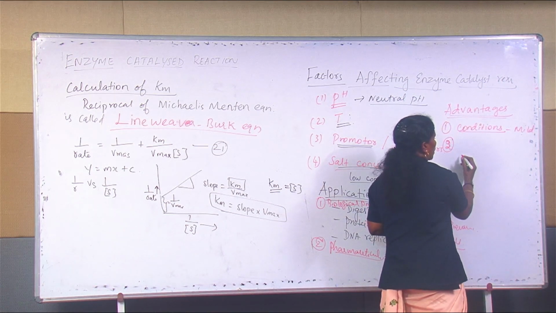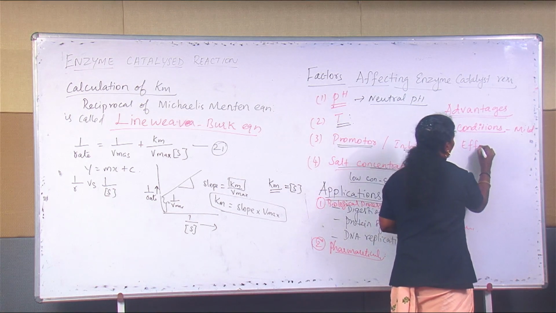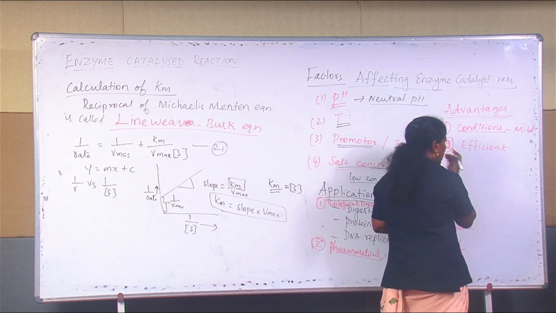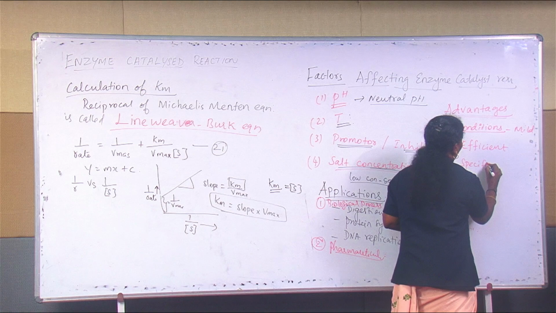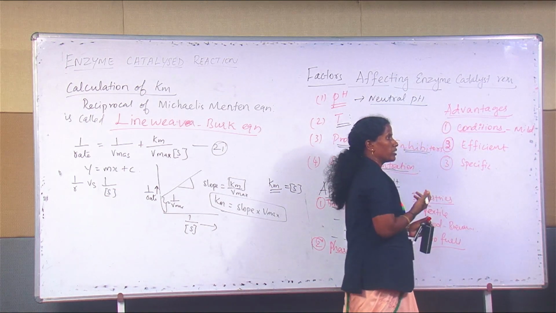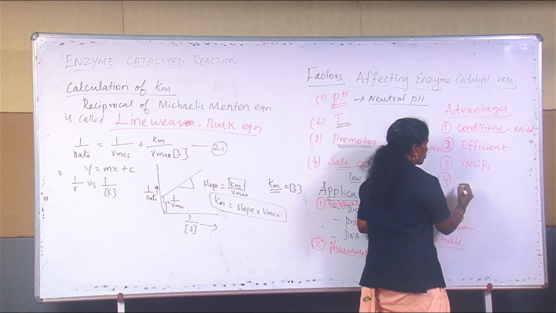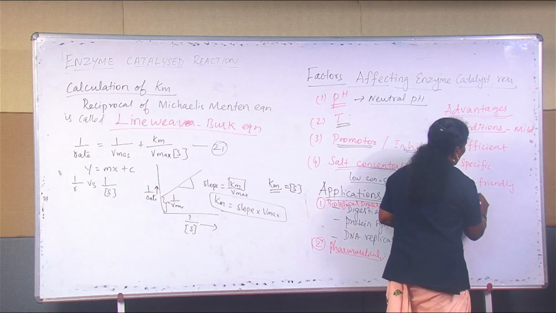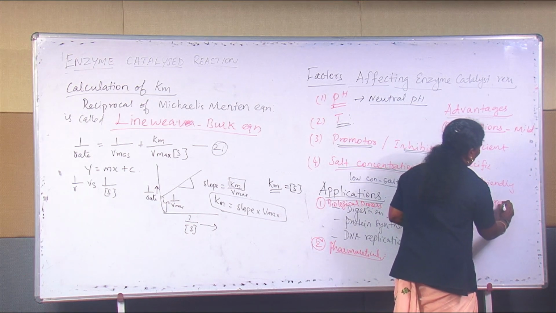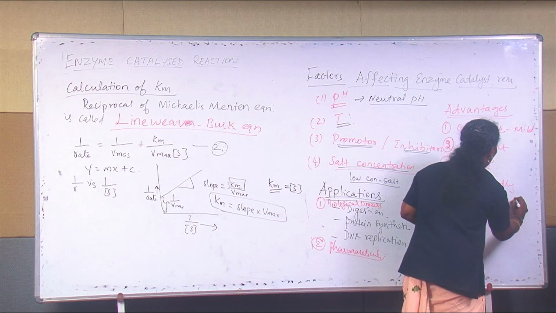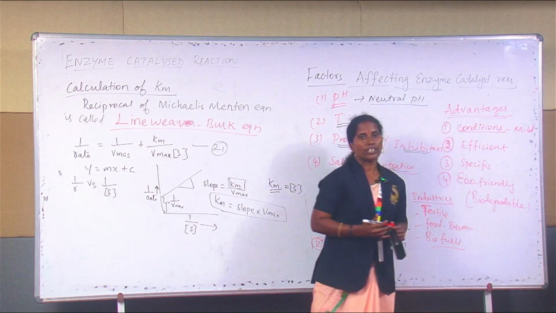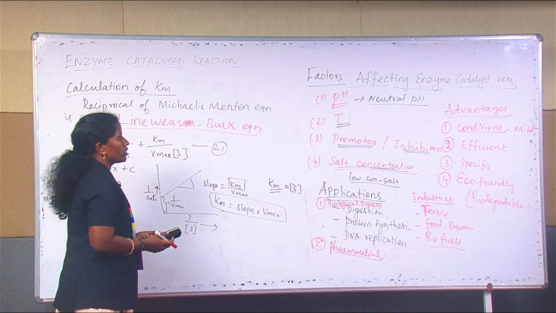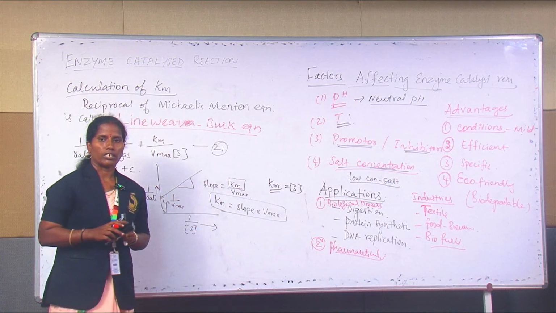Enzyme catalyst reactions are highly efficient and a convenient method, very specific. Another very important point is that it is an eco-friendly method, because all enzymes are biodegradable. So it is a very eco-friendly catalyst for catalysis industries. These are the advantages of using enzyme catalyst reactions.